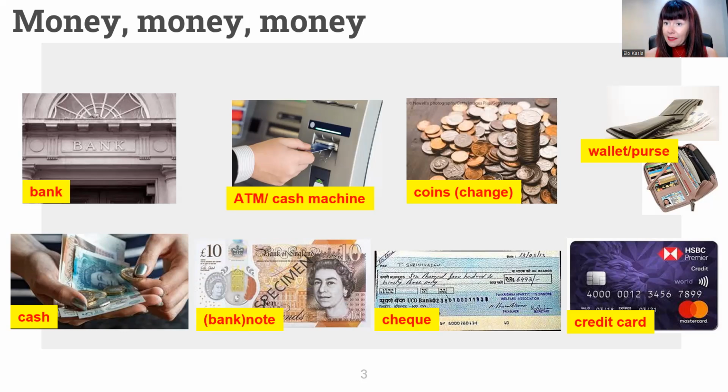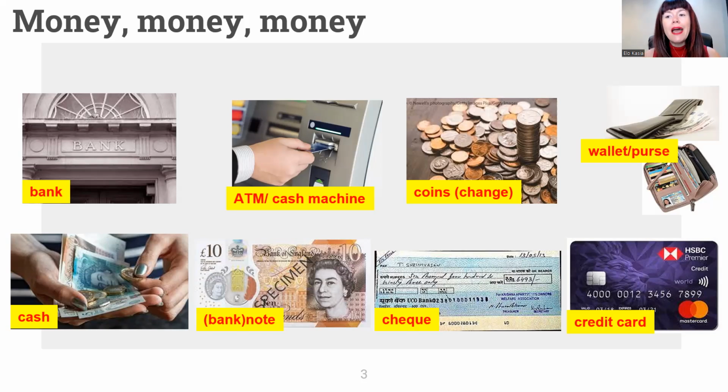Okay, coins, or you can refer to coins as change. Yes, coins and change, as opposed to banknotes. Yes, you have banknotes or notes, and then you have coins. And coins are sometimes called change. Okay, wallet or purse.